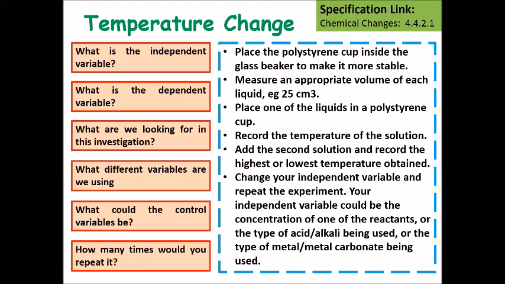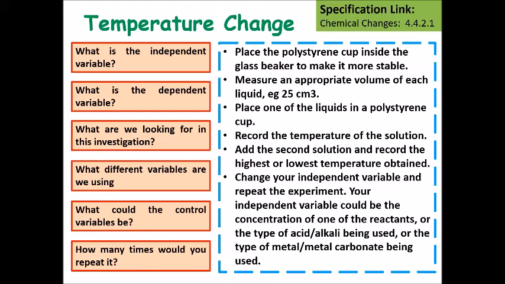The dependent variable is what we're measuring, so the dependent variable is the temperature change. What are we looking for in this investigation? We're looking to see how adding different volumes of sodium hydroxide to a set amount of hydrochloric acid affects the reaction, and so affects the temperature change that we see.